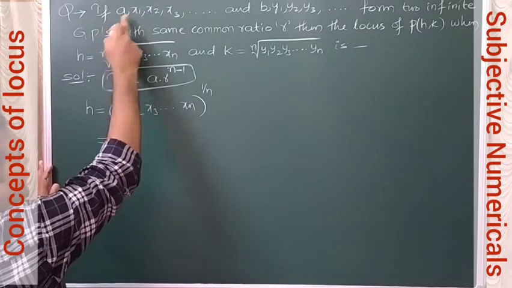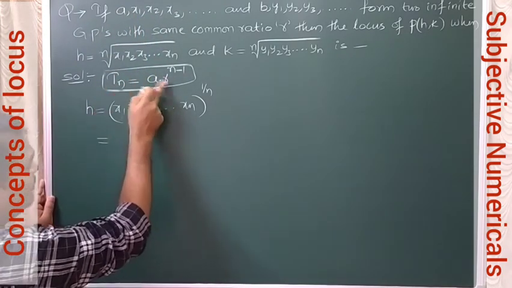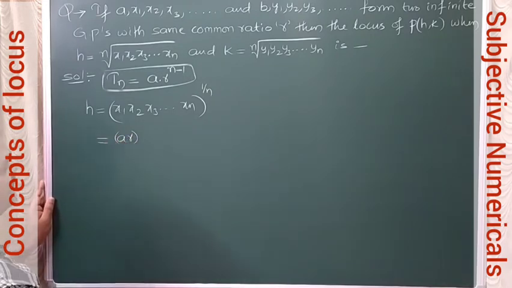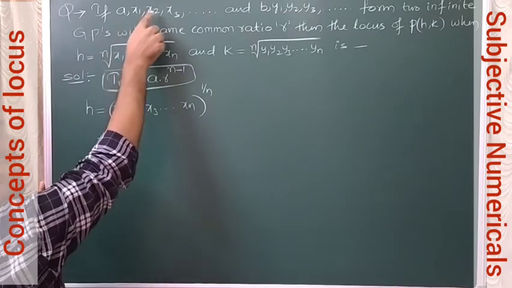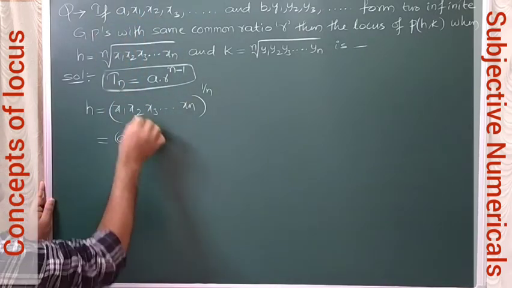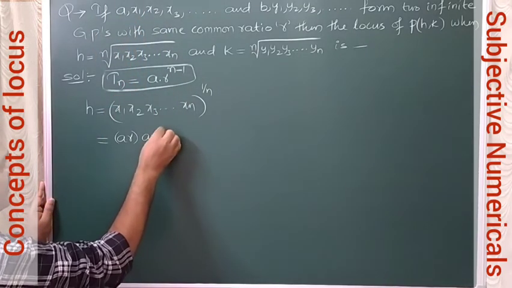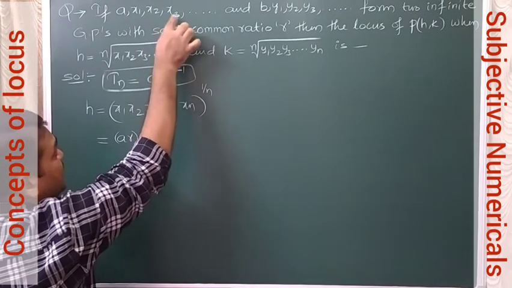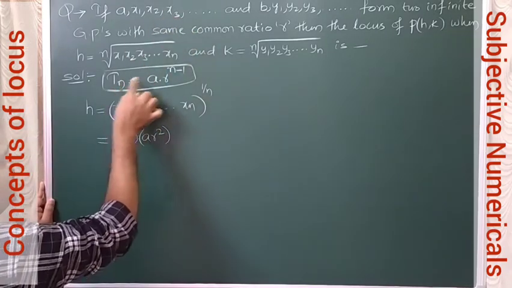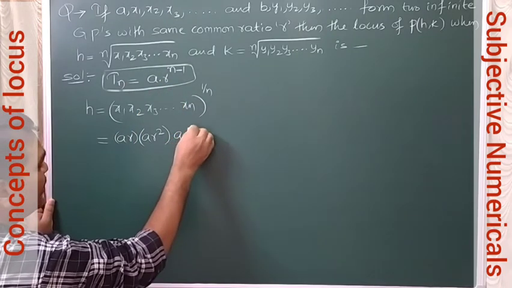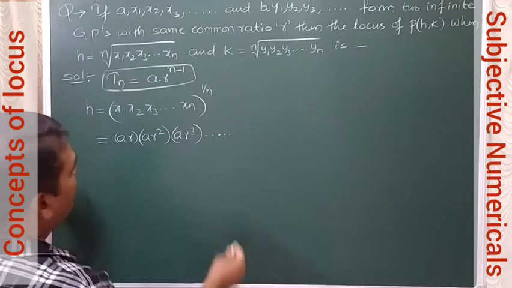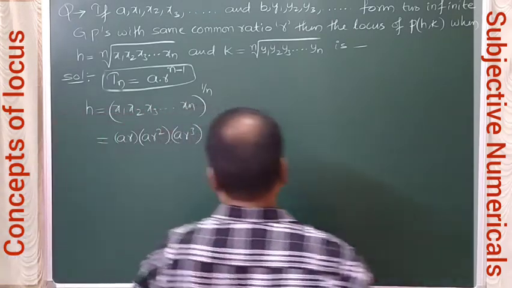Put n equal to 2, so x1 is ar. x2, which is the third term, means take n equal to 3: ar square. x3, which is the fourth term of the GP, take n equal to 4: ar cube, and the process continues like this. What is going to be xn?